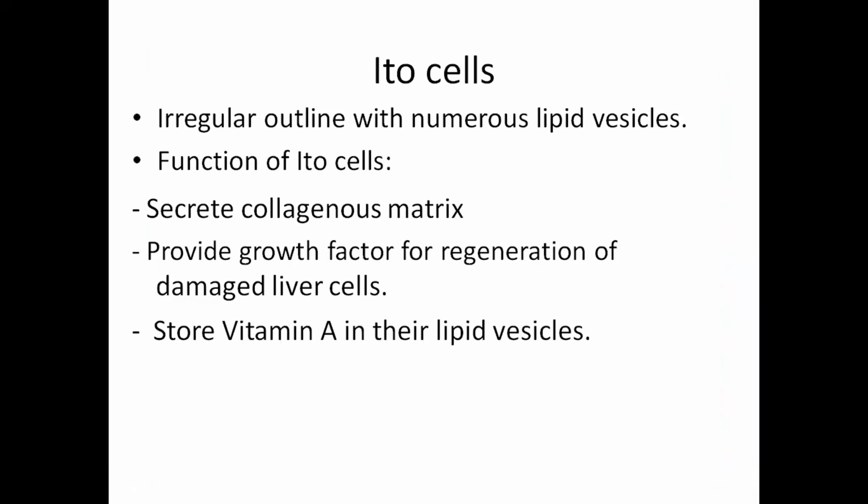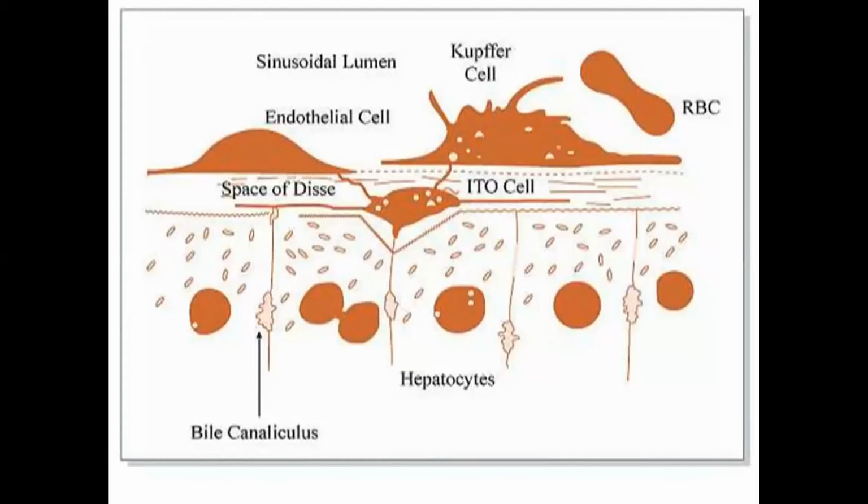Ito cells, these are irregular cells with numerous lipid vesicles. These are the Ito cells, with an irregular outline and lipid vesicles.